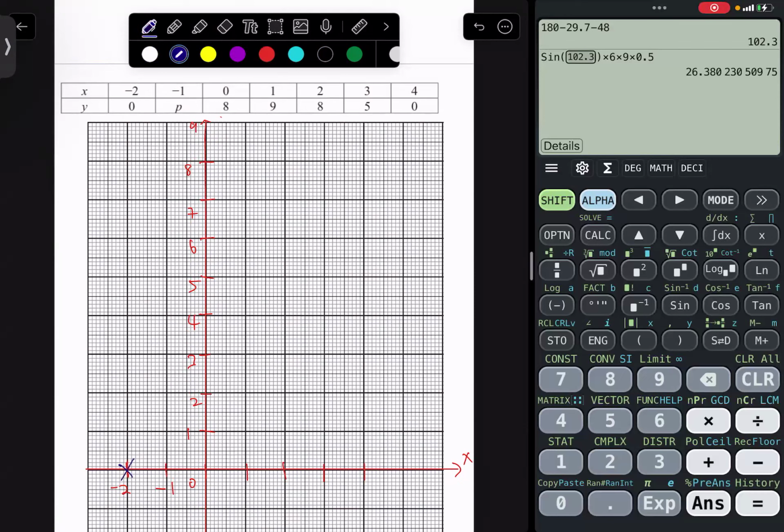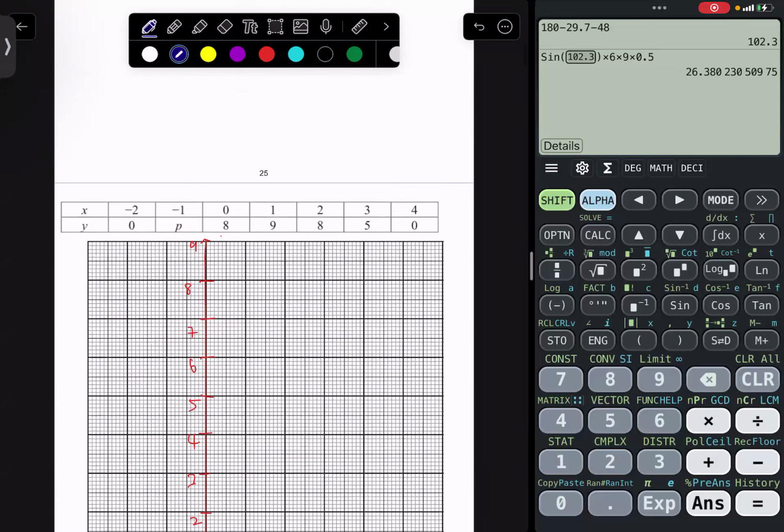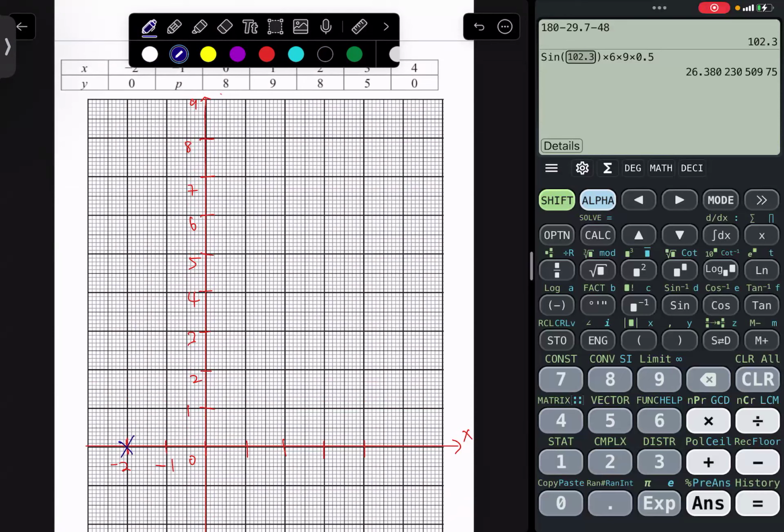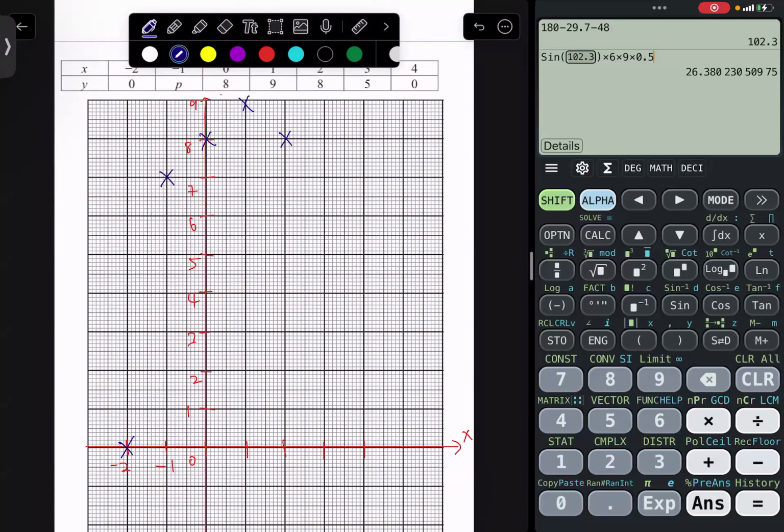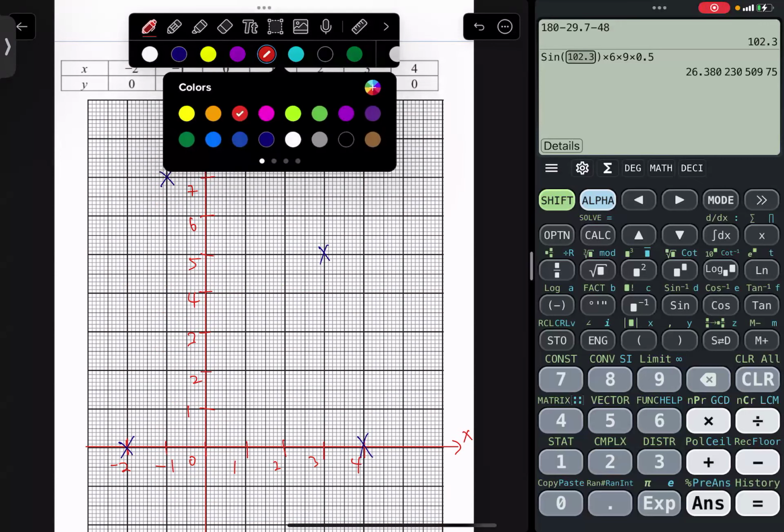Coordinates: negative 2 and 0, negative 1 and 7, 0 and 8, 1 and 9, 2 and 8, 3 and 5, 4 and... So you can see that the quadratic graph looks like this.